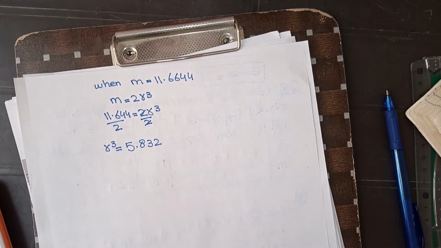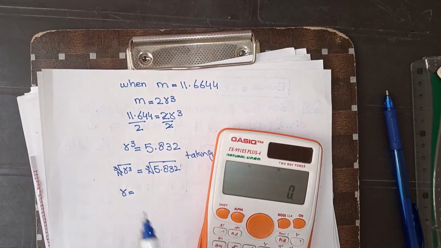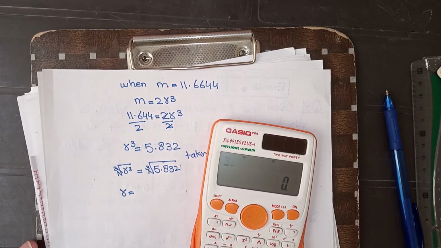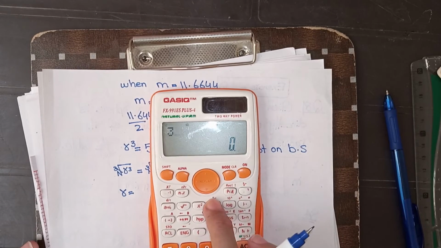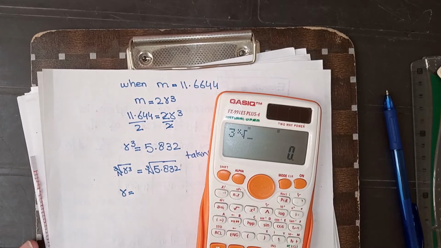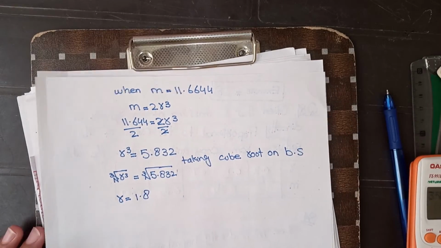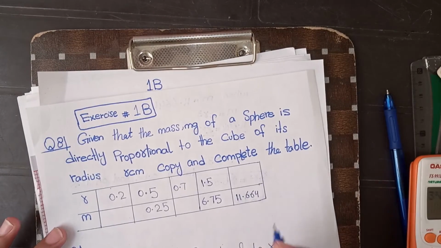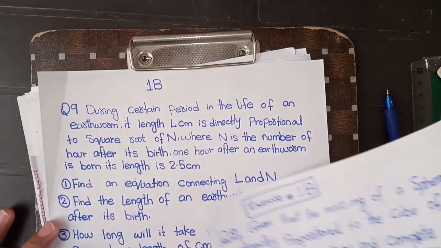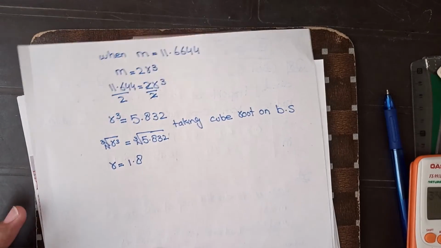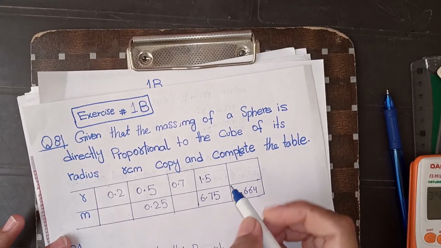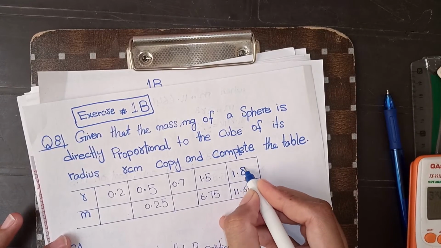That's why we are taking the cube root on both sides. Cube root of 5.832 will be 1.8. When m is equal to 11.664, r will be 1.8.